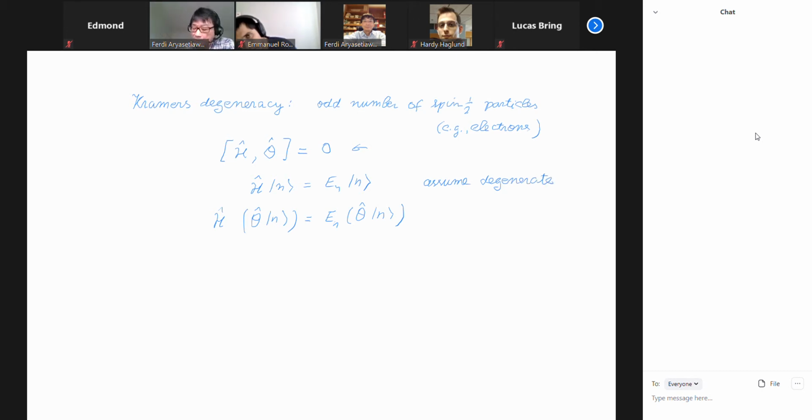Assume it's non-degenerate, then it would imply that this state Θ|n> must be the same state as the original state, except that we might multiply by some phase factor, call it eta.